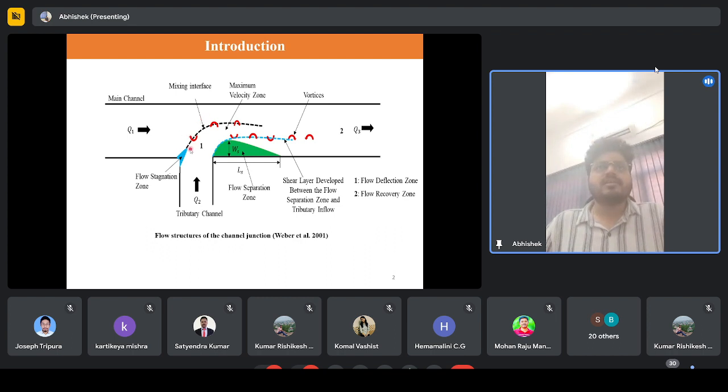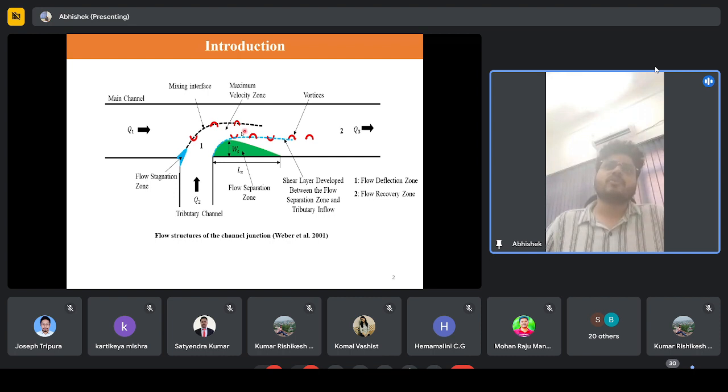You can see here the mixing interface, because the velocities of the two incoming flows are different. When they mix, there is a formation of the mixing interface, which is a source of different varieties of vortices. Similarly, here you can find multiple mixing layers because of differences in the velocities.